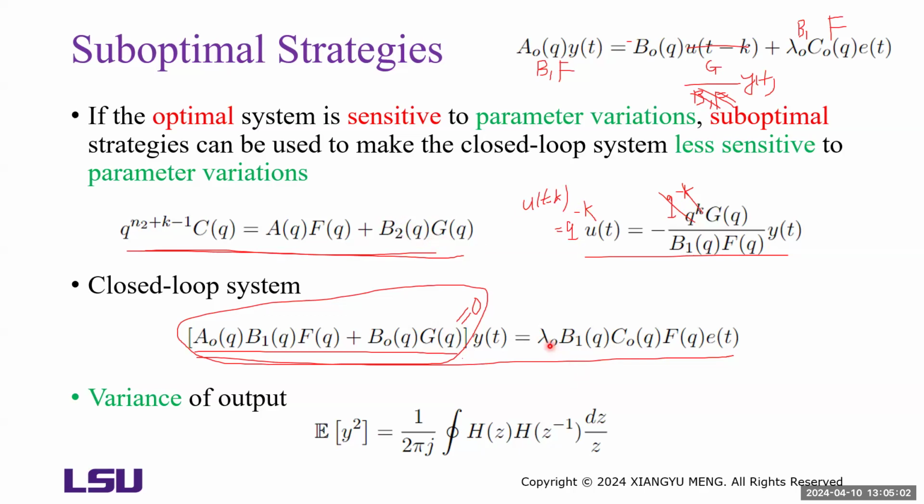Lambda naught is from the physical plant, B1 is from the mathematical model, C naught is from the physical plant, and F is part of the controller design based on the mathematical model. Then if we know the system is stable, we can evaluate the variance using the complex integral along the unit circle.